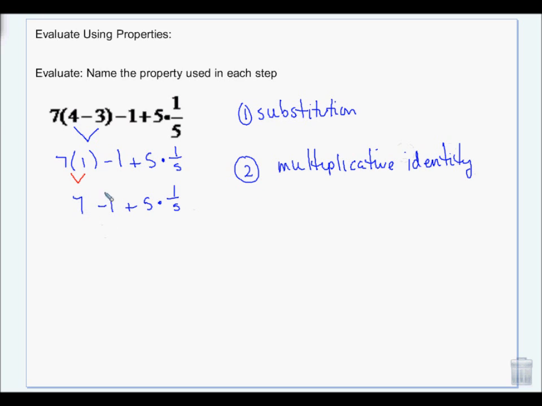Anytime you multiply by 1, you're using the multiplicative identity. The next thing we have to do is this other multiplication. And that step is multiplicative inverse. So anytime you multiply something by its own reciprocal, it's the multiplicative inverse.